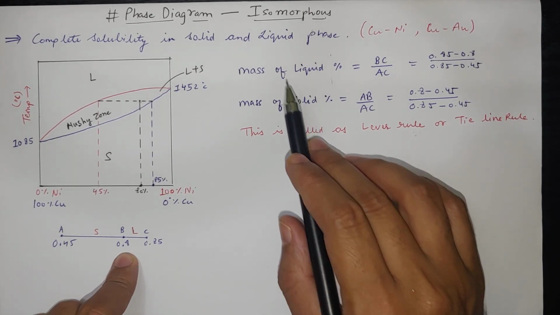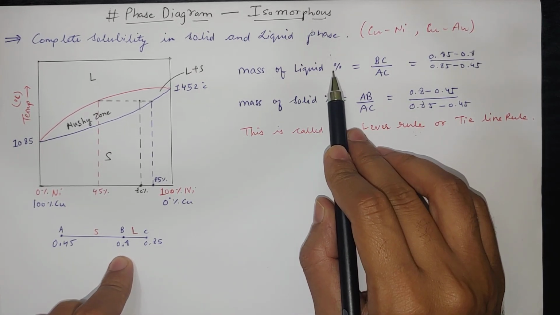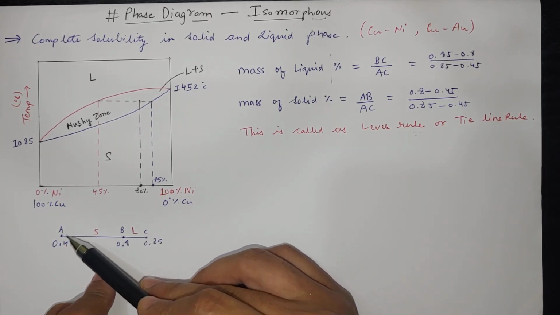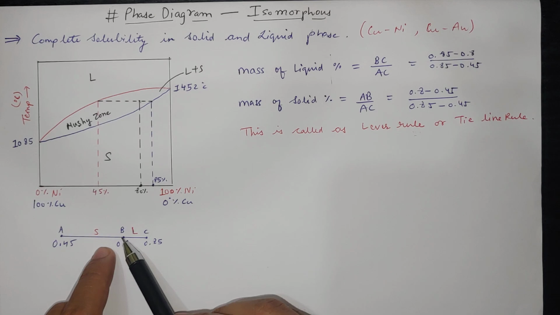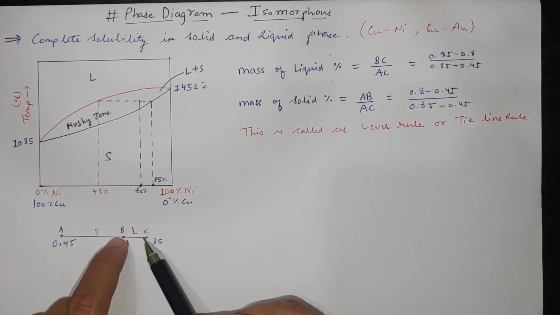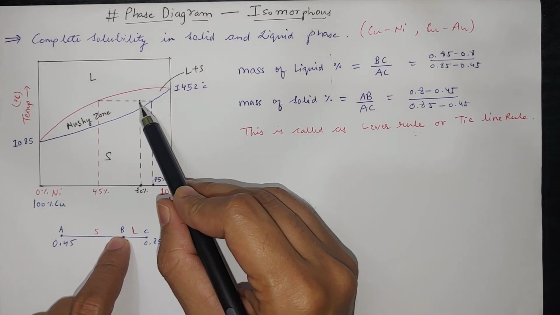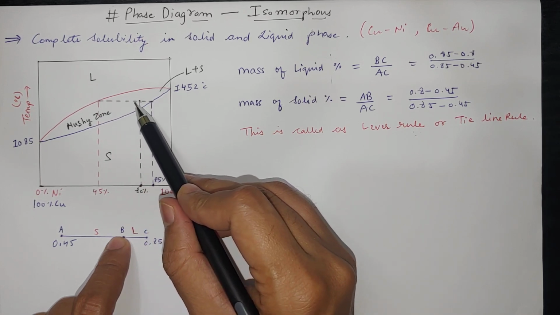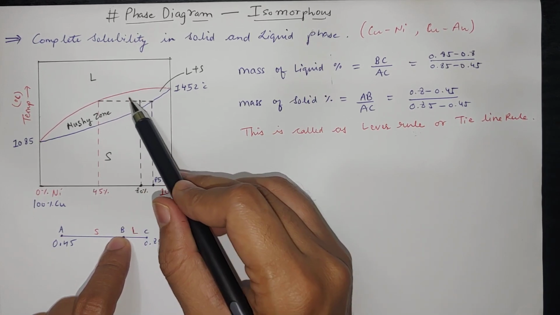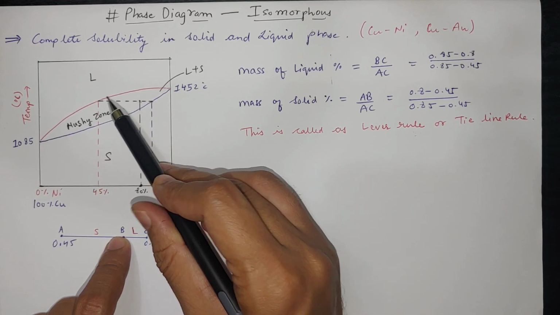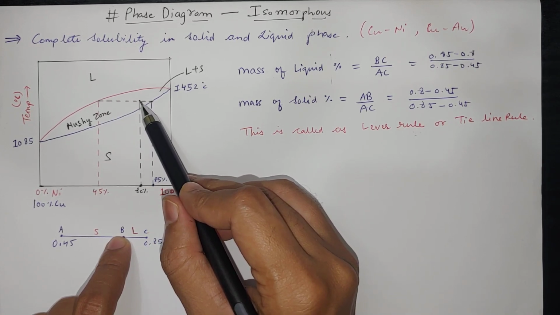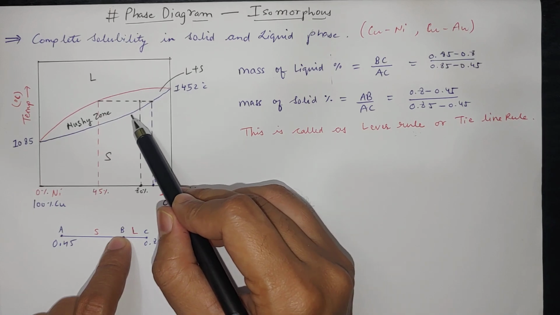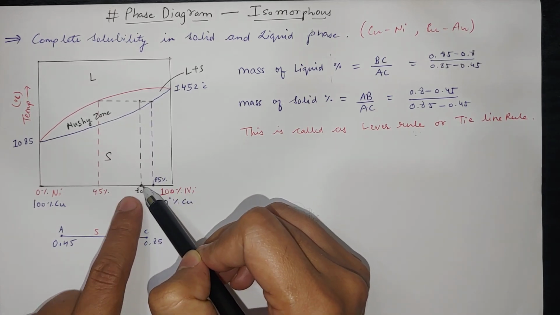To calculate the mass of the liquid, we just have to measure the length and divide by the total length. BC is the length which corresponds to the liquid. Although it is near the liquidus line, it is shorter. It represents how far it is from the liquidus line, so the shorter the line, the farther it is. This point is closer to the solidus line, so there must be more solid present in the composition at 0.8.